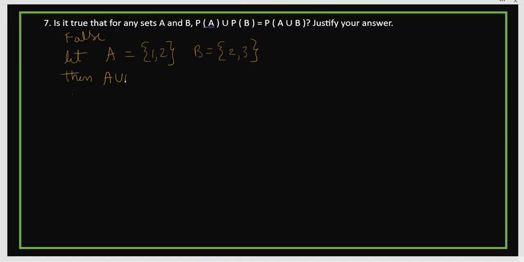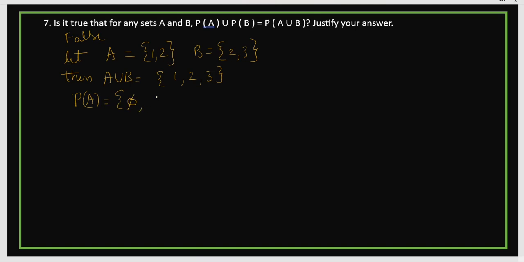A union B is, yes, you said it right, {1, 2, 3}. Right? Now we'll see power sets. What is PA? Can you write all the sets? Yes, you should write. While watching the video, you should solve the problem simultaneously. That will help a lot.